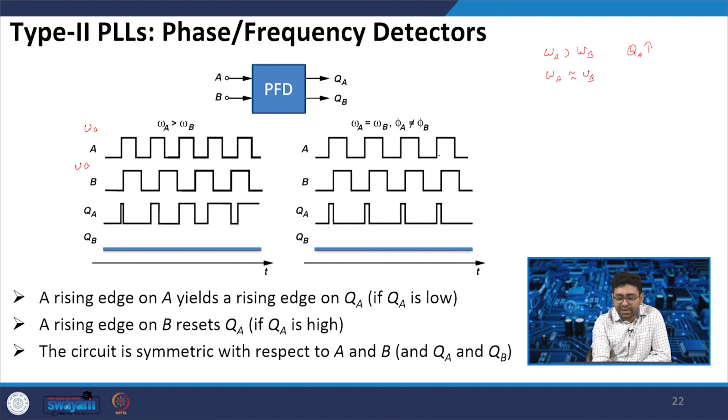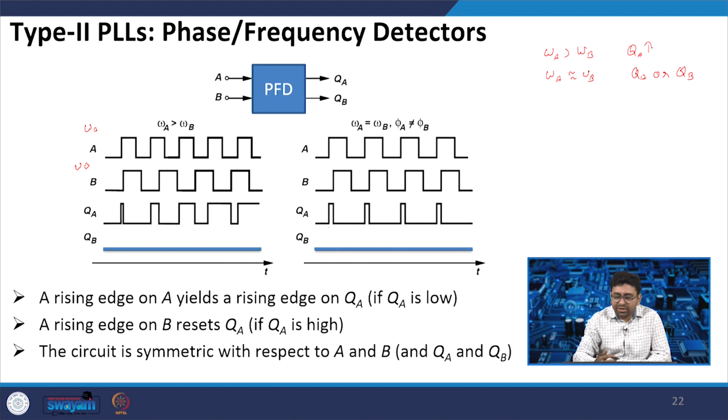There is a possibility that phi A cannot be phi B, but that is the same as what we have done in the type 1 PLL. So, either QA or QB will constantly give the output. It depends upon how large the phase difference is.